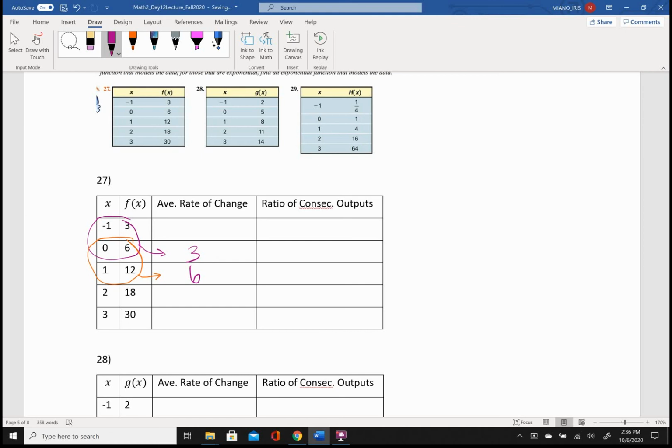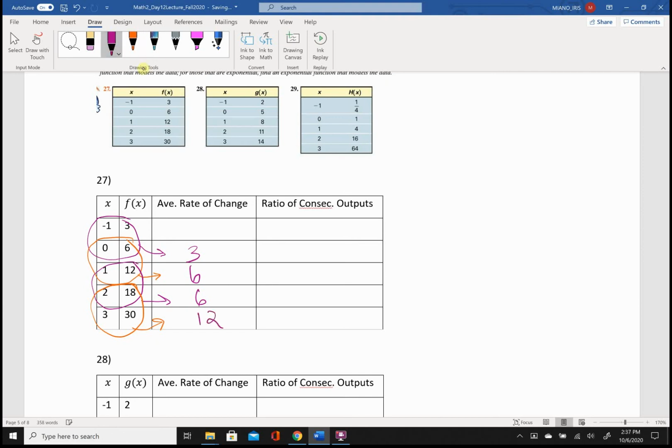But we want to look a little bit further at the ratio of the consecutive outputs, because if the ratio of consecutive outputs is constant, then we can say that it's at least exponential. Continuing here, these two ordered pairs will give me 6 again. Interesting that it's the same as the previous. Now what happens if we do these last two? The slope of the line that goes through 2, 18, and 3, 30 will be 12.